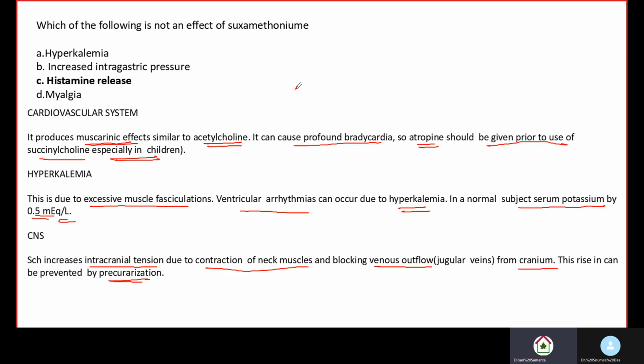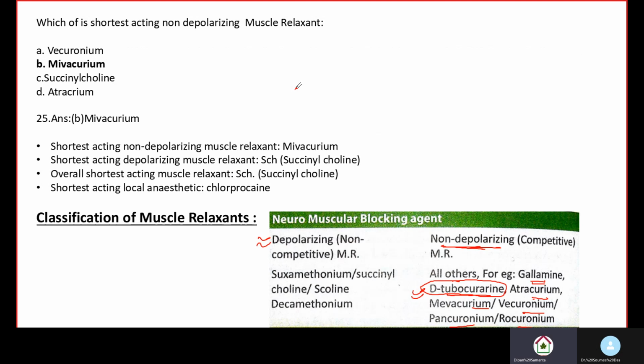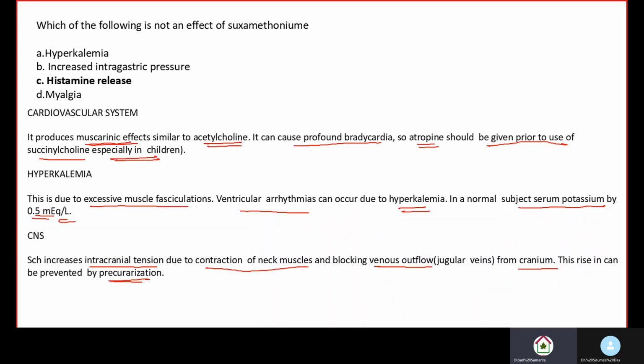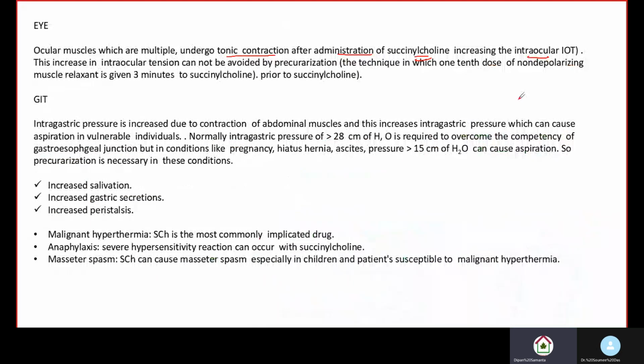So we need to give a non-depolarizing muscle relaxant, especially tubocurarine. We can use other muscle relaxants also, like mivacurium, vecuronium, which will have the same effect. This is called pre-curarization. Intragastric pressure is increased due to contraction of abdominal muscles, which can cause aspiration in vulnerable individuals.